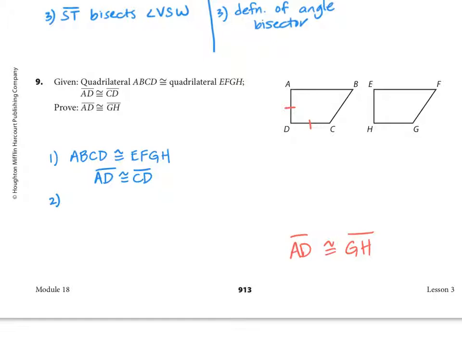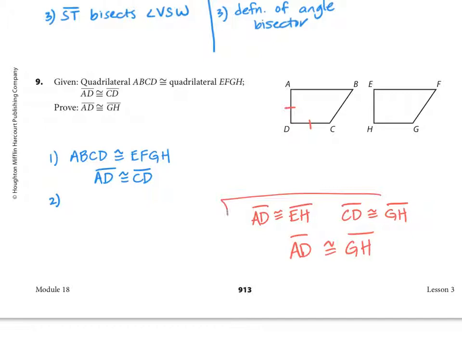AD, remember, is the first and last letter. It corresponds to EH. So I'm going to write that down. Remember, we're brainstorming here in red. Those correspond. And GH from the second quadrilateral corresponds to CD. Okay.